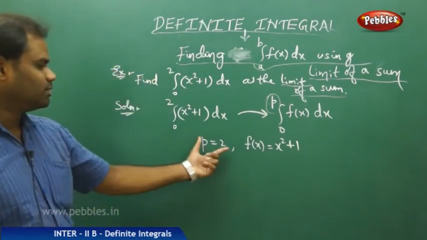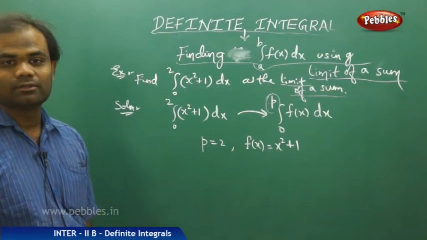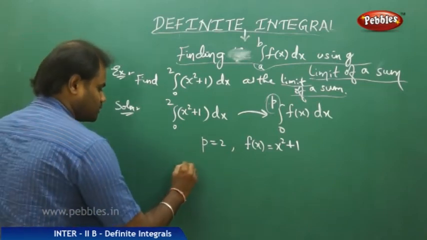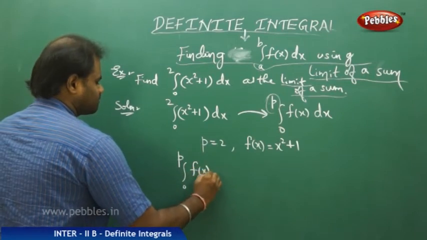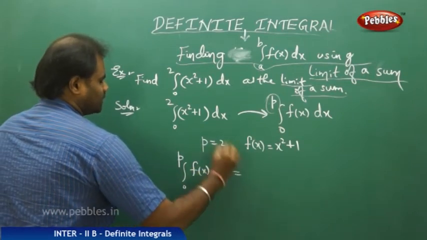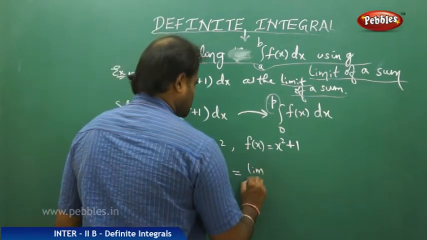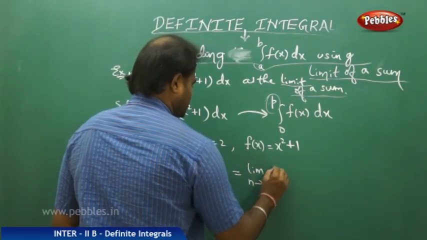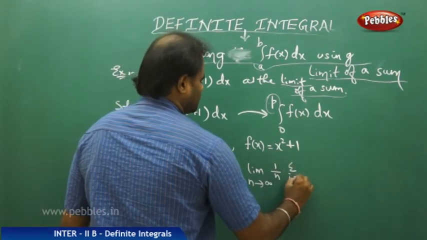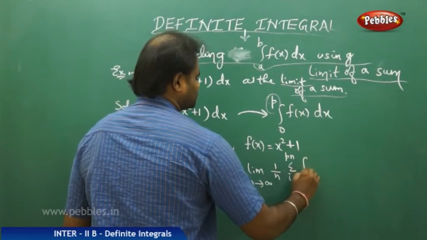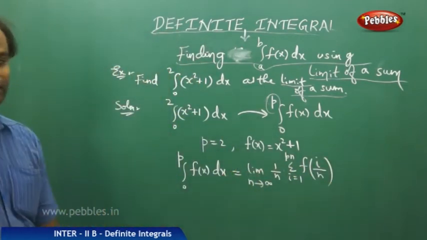So based on these two concepts, let's find the definite integral using the formula: the integral from 0 to p of f of x dx is the limit as n tends to infinity of 1 by n, sigma i running from 1 to pn of f of i by n.